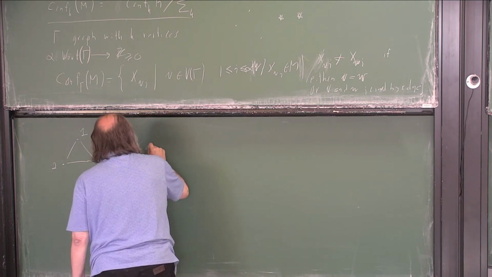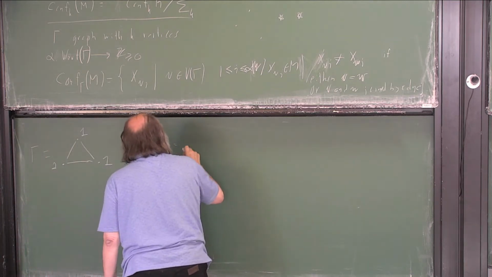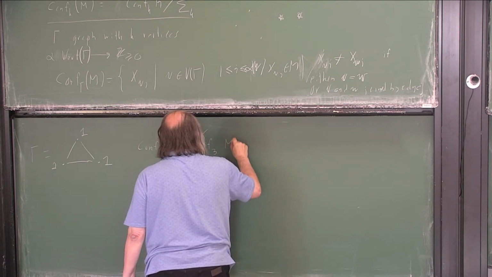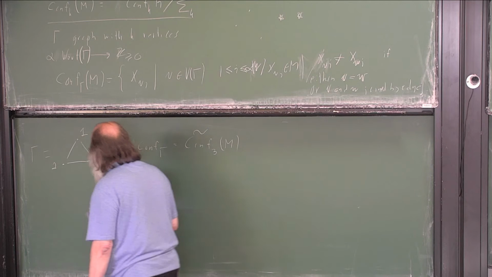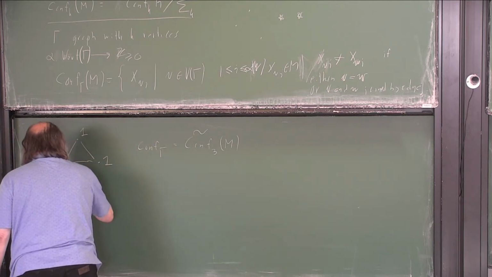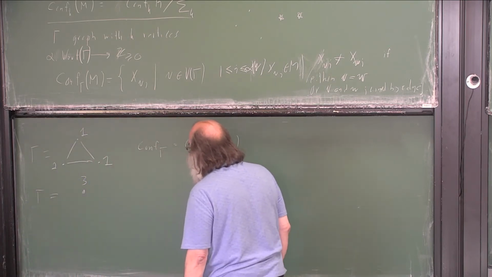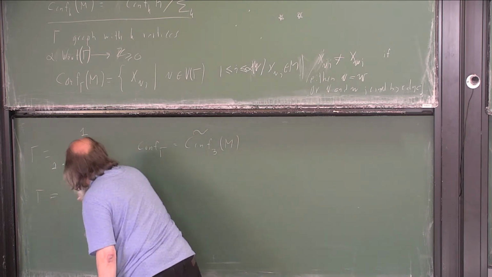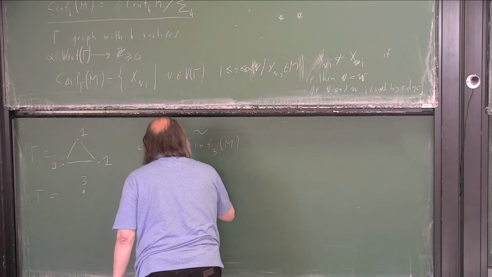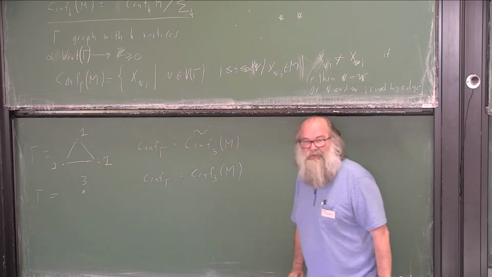So the configuration space of this gamma is simply the ordered configuration space of 3 points in M. You could also take gamma to have 1 vertex and 3 points at this vertex, and then the configuration space would be the unordered configuration space.